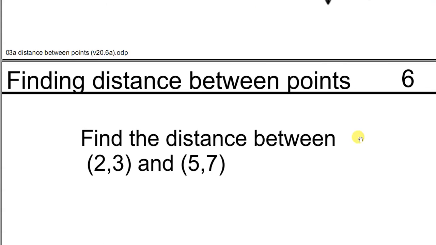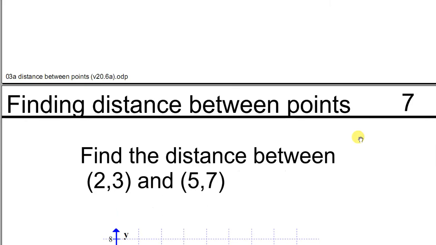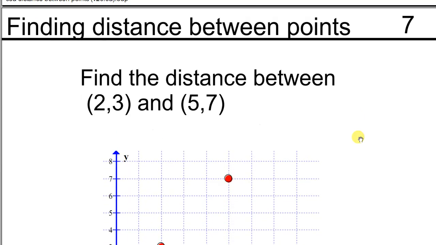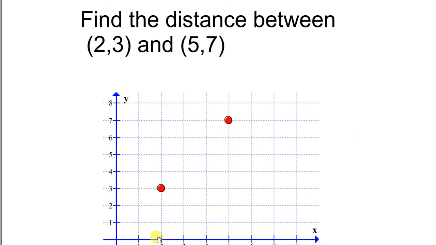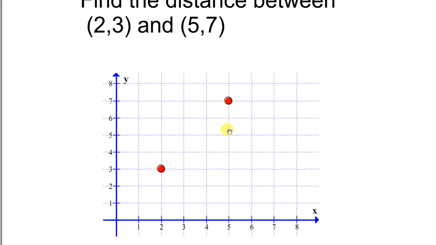So we're going to find the distance between (2, 3) and (5, 7). Here's how I do it. I plot the 2 points, (2, 3) and (5, 7). I want to find this distance right here. This is going to be a squiggly line, but I'm looking for that distance right there.